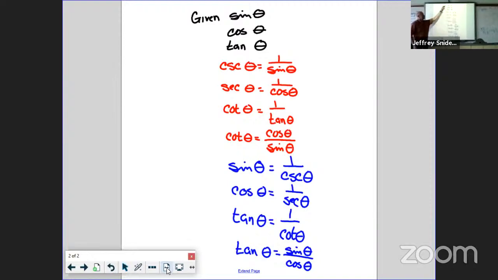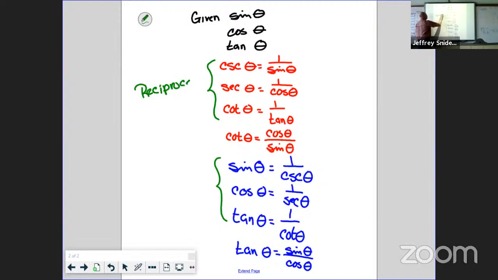Again, these are known as identities. Now, these right here, I'm going to tell you, in case somebody says it to you. These 3 here and these 3 here, those are known as reciprocal identities. Because all I'm doing, what's reciprocal mean?